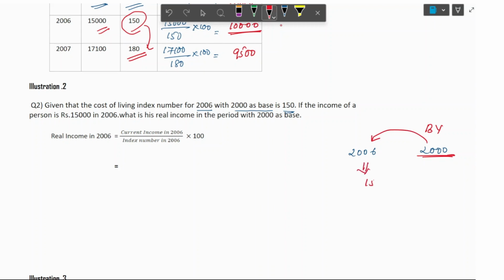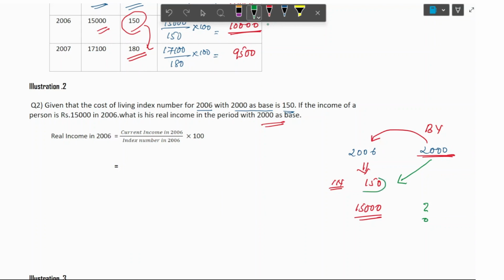That index number, that is 150. If the income of a person is 15,000 in 2006, that means here he was earning 15,000 rupees. What is his real income in the period with base 2000? That means if you really compare 2000 as a base year, what is his real income?